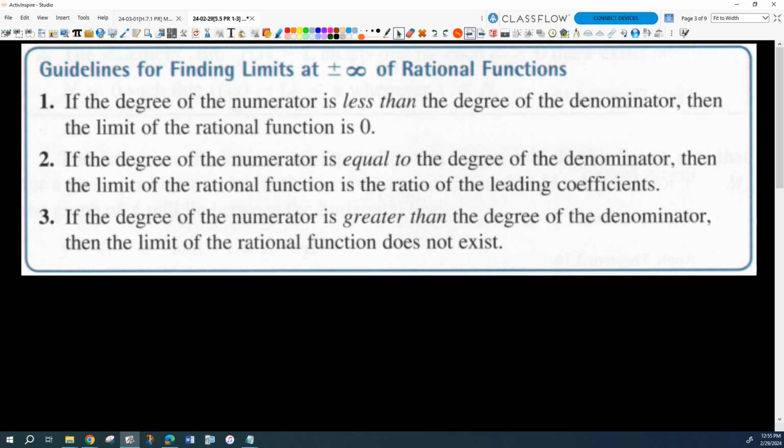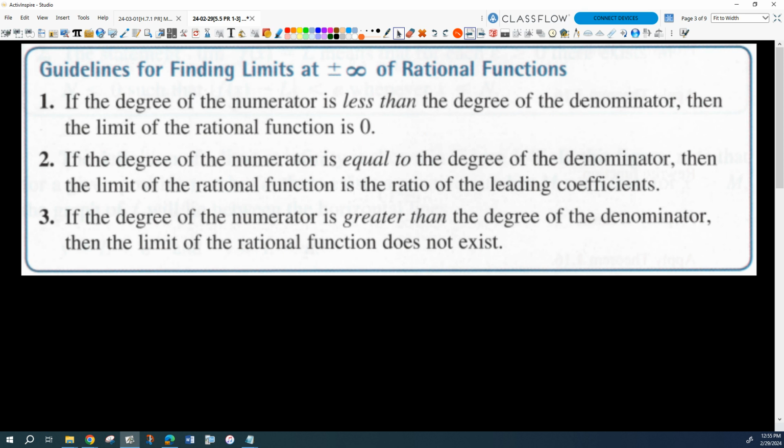Remember this stuff? Guidelines for finding limits at plus or minus infinity of rational functions. If the degree of the numerator is less than the degree of the denominator, then the limit is 0 at the infinities, and so we get a horizontal asymptote at y equals 0, which is right on the x-axis. If the degrees of the polynomials are equal, then we get the ratio of the leading coefficients.